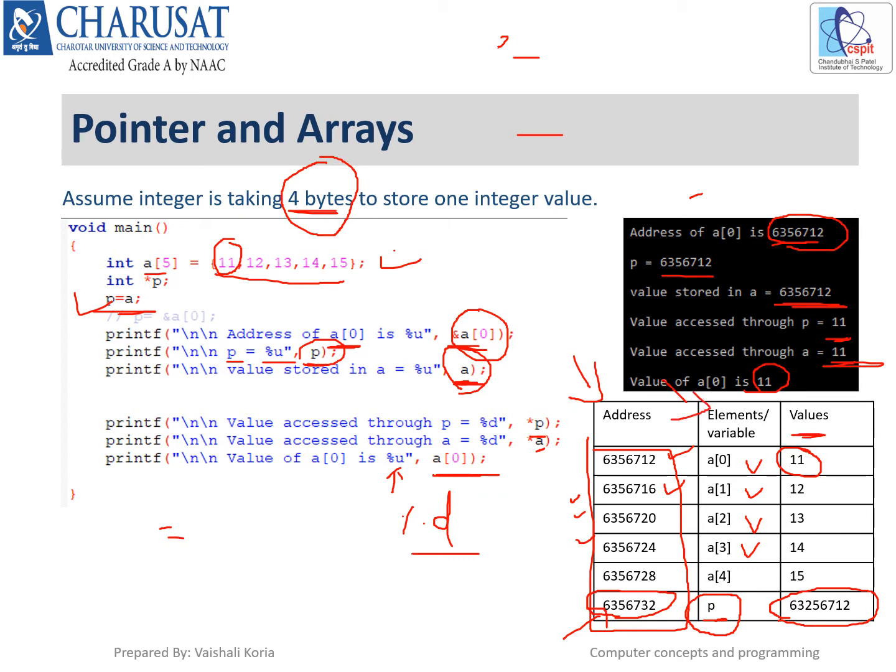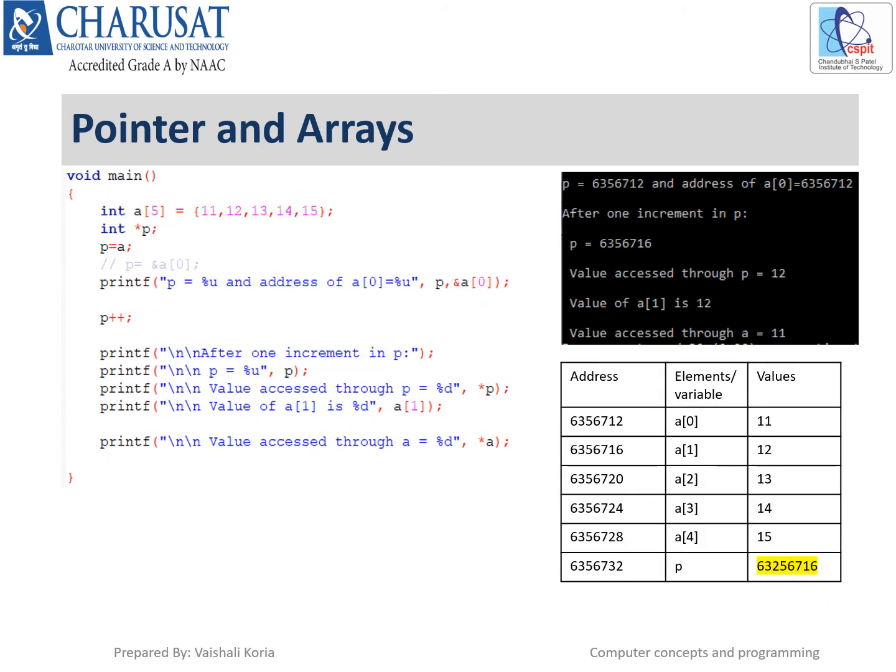Okay, now another example here. The same array has been declared of size 5, values are given, then a pointer variable is declared, and we have assigned the address of the first element to p. And then we are printing the value of p and address of a of 0. So p is 6356712, because it is containing the address of the first element, and in the same way address of a of 0 also gives you the same address.